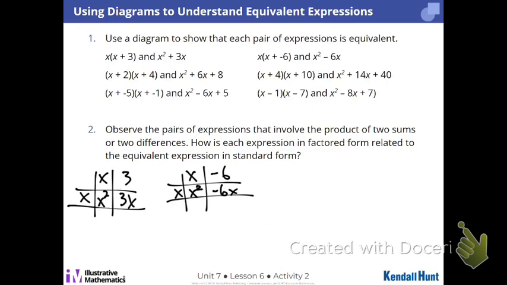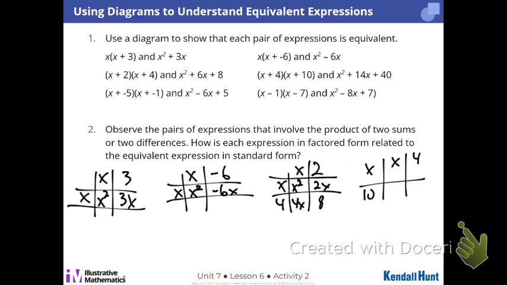Now here's where we're going to really look for kind of like an emerging pattern. When I've got my x and 2, my x and 4, I've got an x squared, 2x, 4x, and 8. When I have my x, 4, x, and 10, I get my, whoa, I did a weird line there.